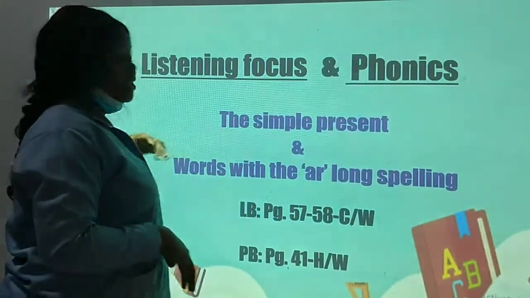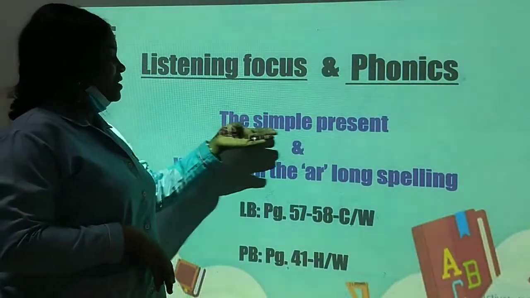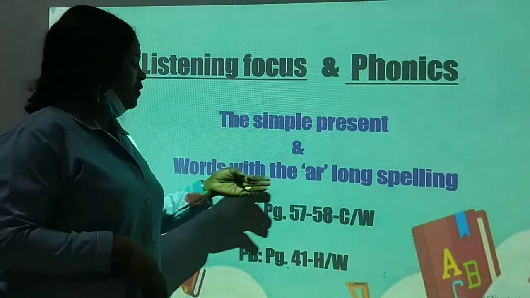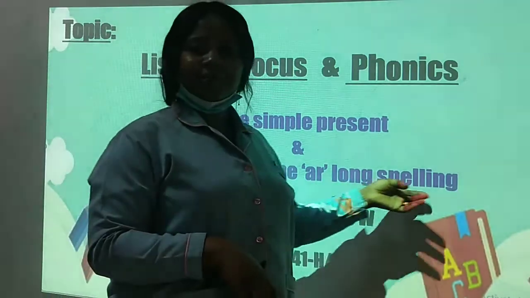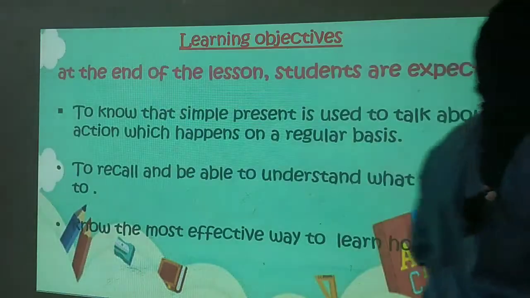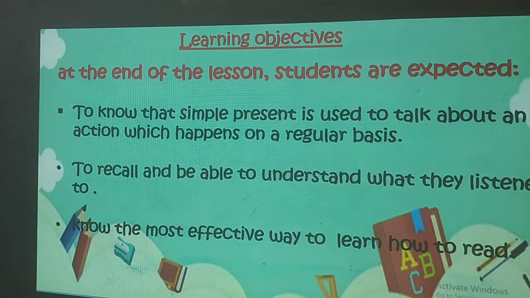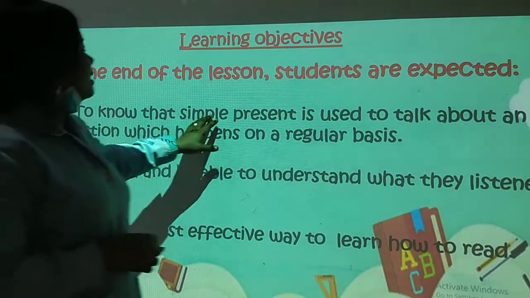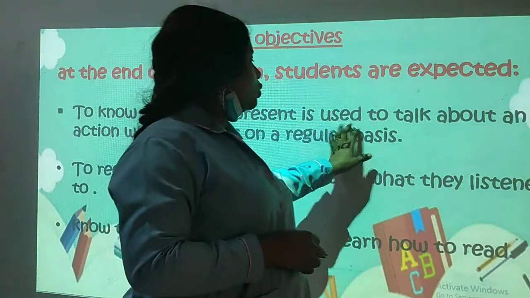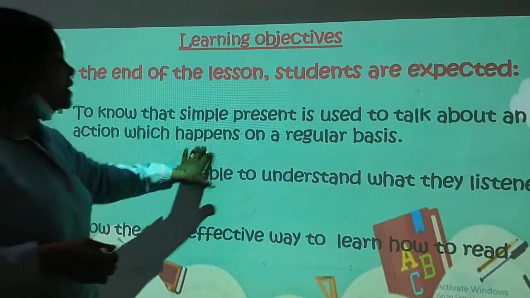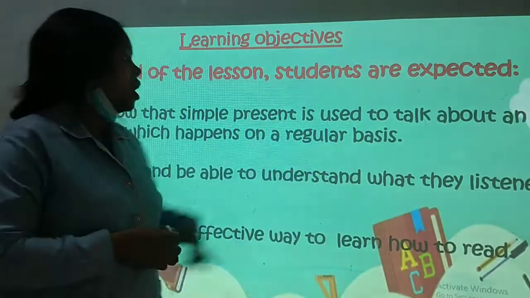And we will be concentrating on the simple present and words with the long spelling. This is our lesson objectives. Here we say the lesson objectives are to know that simple present is used to talk about an action which happens on a regular basis.